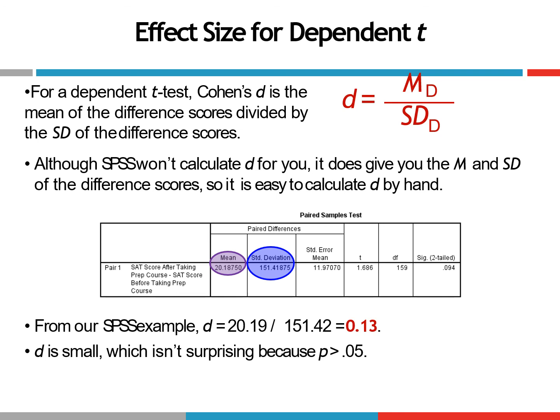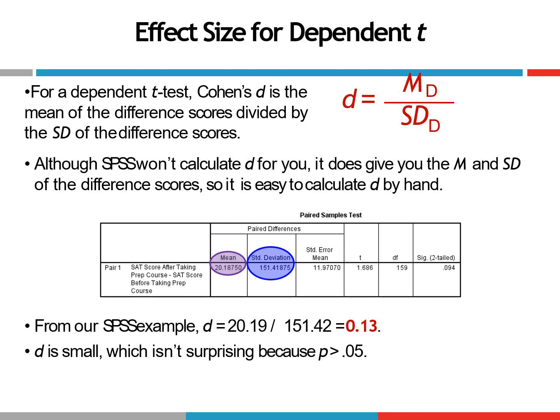In that case, your mean is 20.18 and your standard deviation is 151.42, excuse me. If you round those and then divide the mean by the standard deviation, you end up with 0.13.